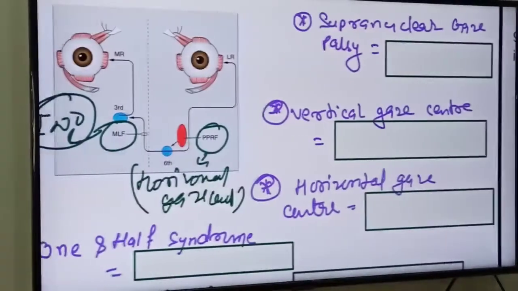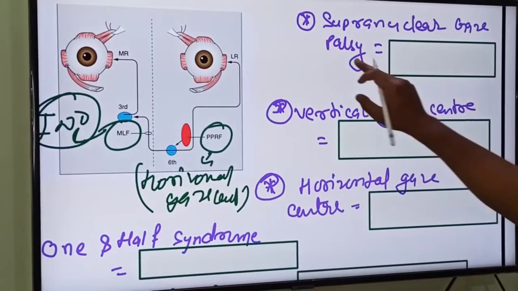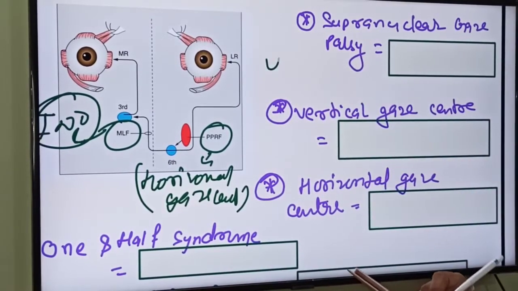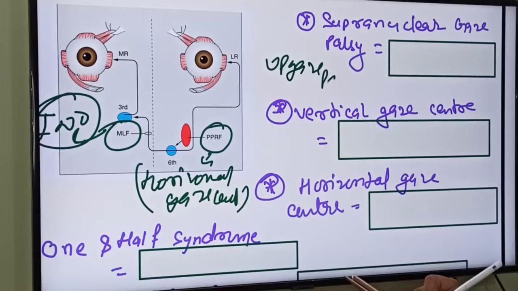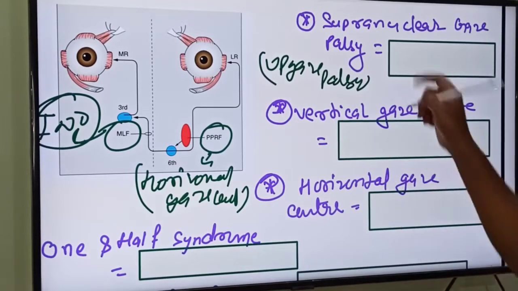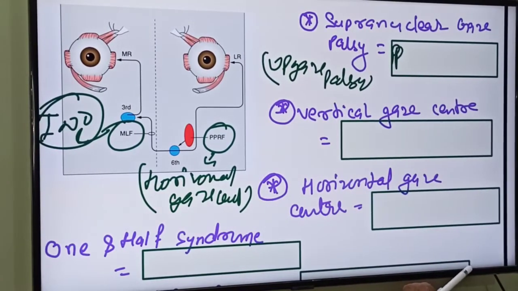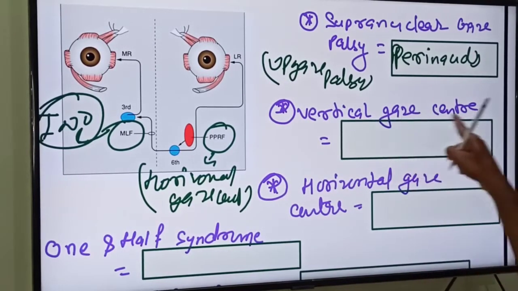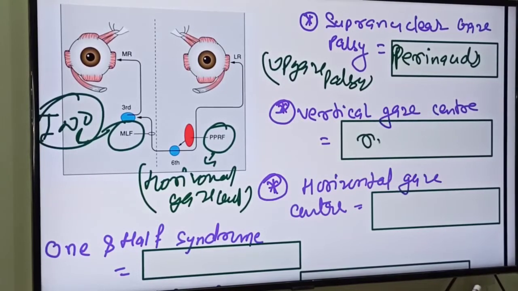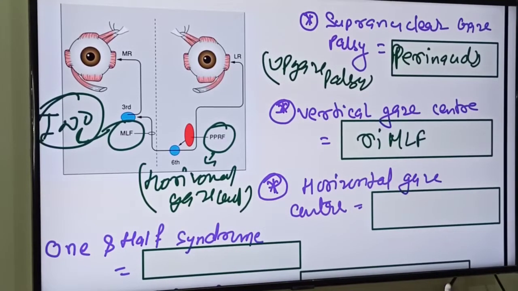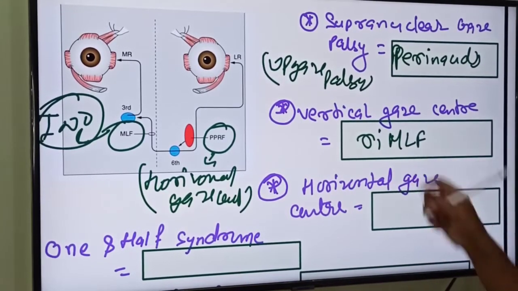Now when we have supranuclear gaze palsy, meaning up gaze palsy, what is the answer? It is Parinaud syndrome. What is the vertical gaze center? It is the rostral interstitial nucleus of Cajal, riMLF.